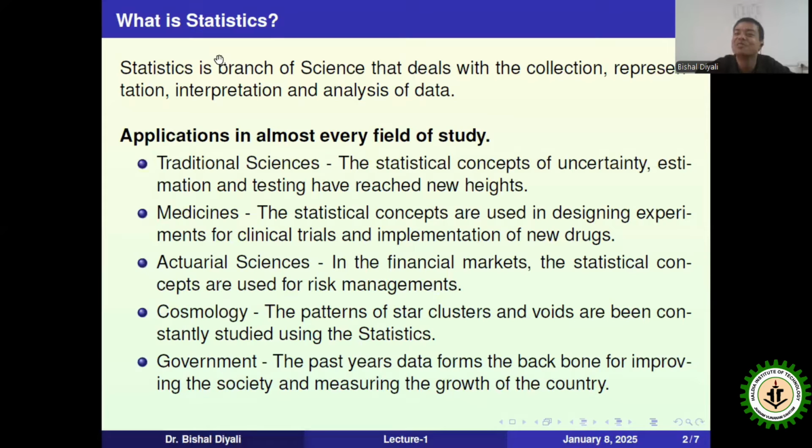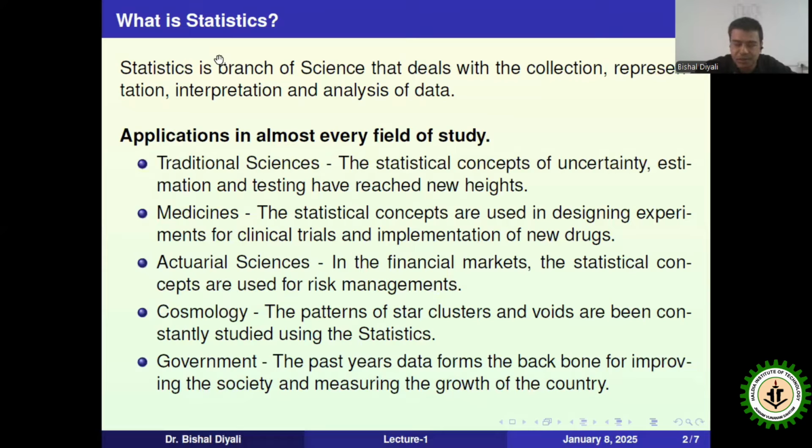So without statistics, nobody can do those types of business. They are very, very clever, and their analyses are always good. So the insurance companies hardly go through losses because they know what they are doing. They have full control over their risk, and those things can all be done with the help of statistics.